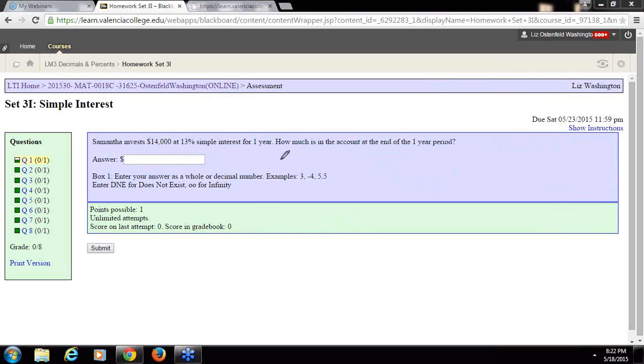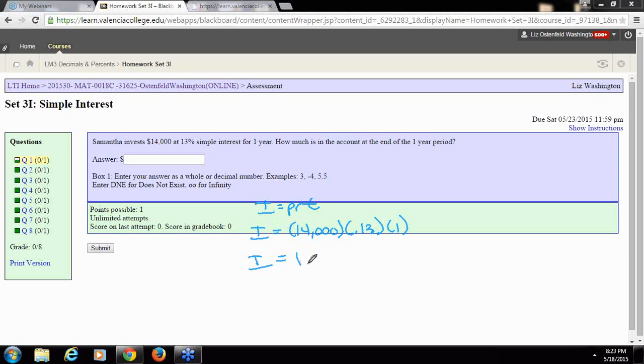So we got I equals PRT, right? I invested 14,000 at a rate of 13% for 1 year. So again, this is going to tell me the amount of interest. It's not going to tell me the amount in the account.